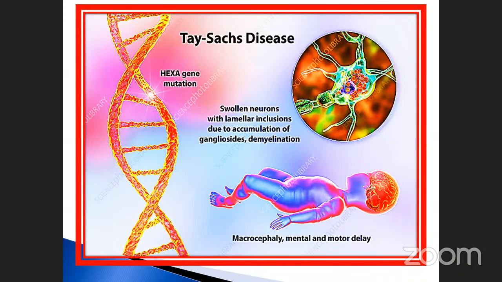Nerve cells. So there are mental and motor delays. This is also very important. There is improper impulse passing from the central nervous system to the peripheral nervous system, and sometimes from the peripheral to the central nervous system. These are the features of Tay-Sachs disease.